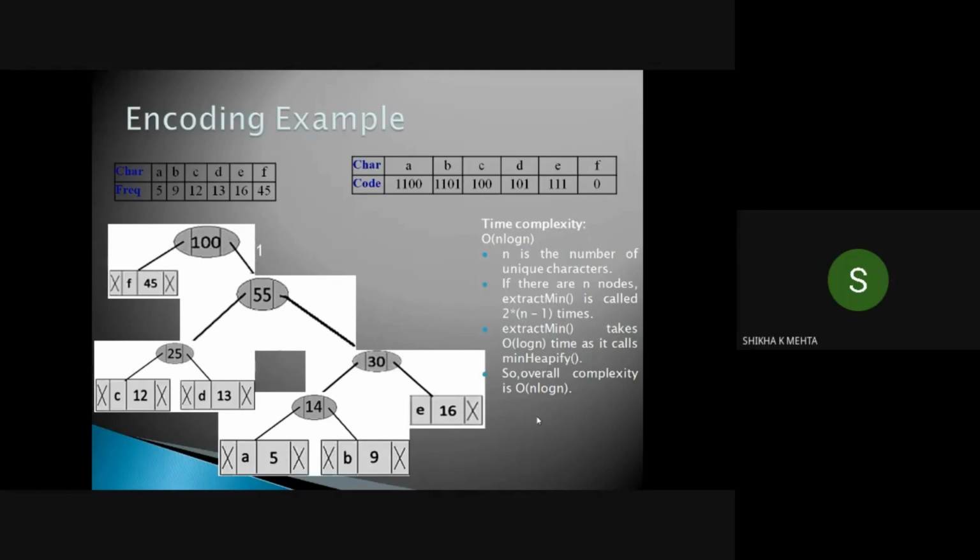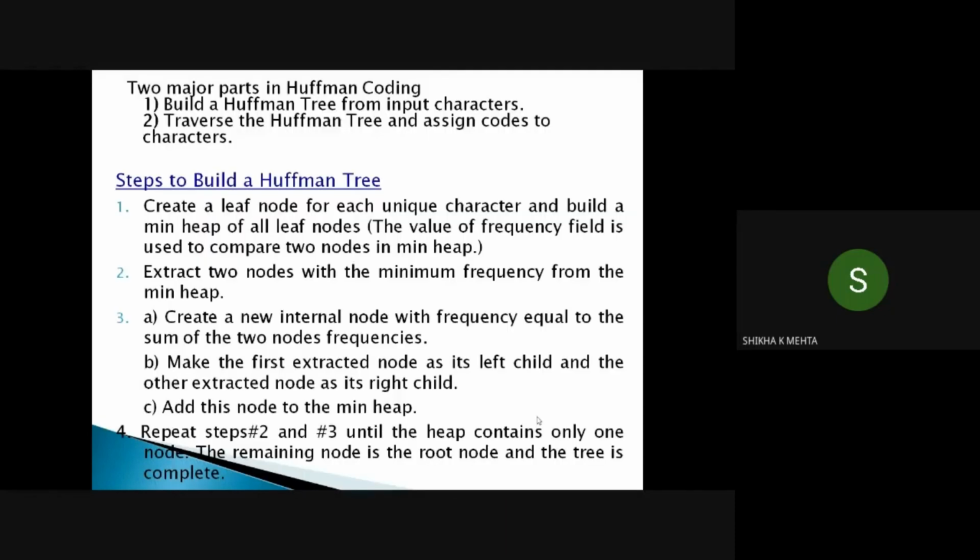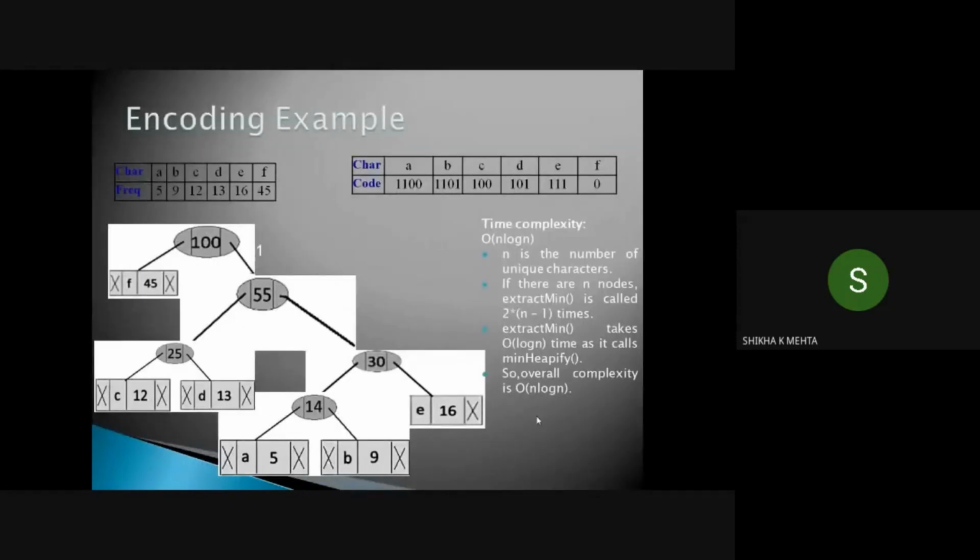From this table, the algorithm says to create a leaf node for each unique character and build a min heap of all the leaf nodes. So how do we create the min heap? Look at this example; we start from the bottom. Here we have character A with a frequency of 5, and character B with a frequency of 9.